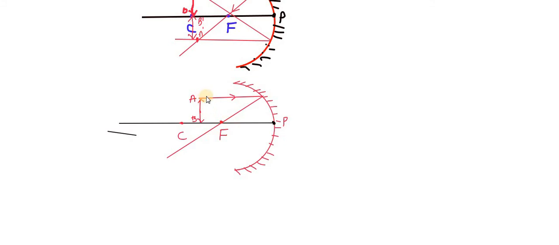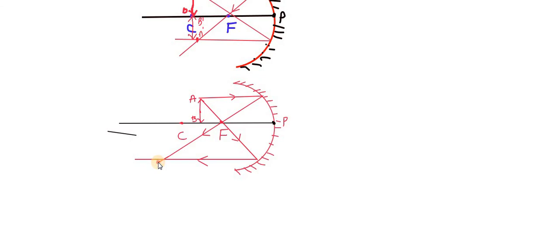Next, when a ray of light passes through the focus, after reflecting, where will it go? It will pass parallel to the principal axis. Here it has not touched, so extend this line.